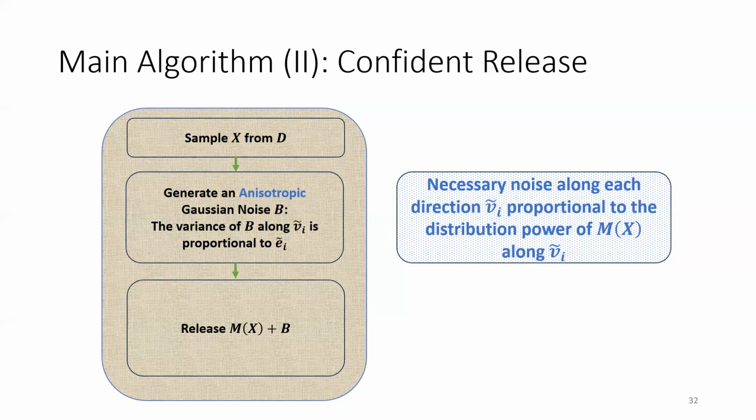If your power is larger, I need more noise, but if your power is less, I need less noise to hide that. The last step is very simple. You just add this noise to your output, and then we can show you already satisfy the PAC privacy guarantee.